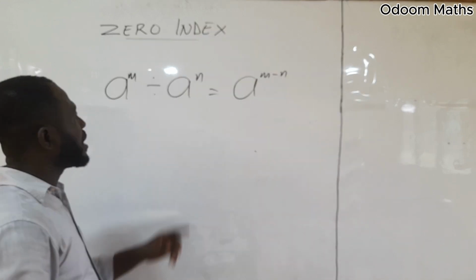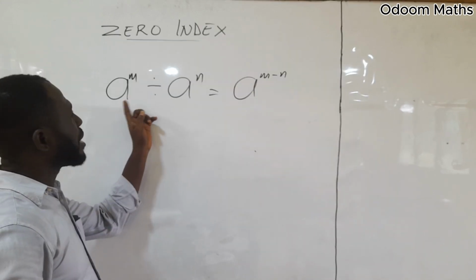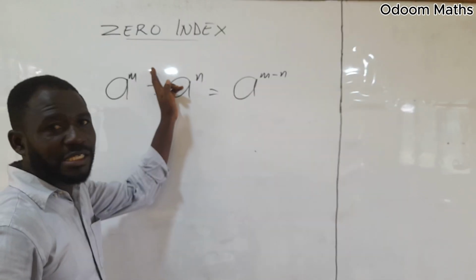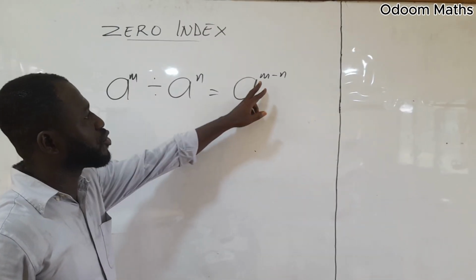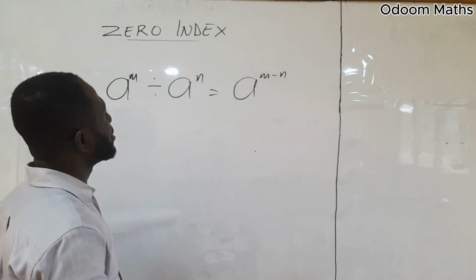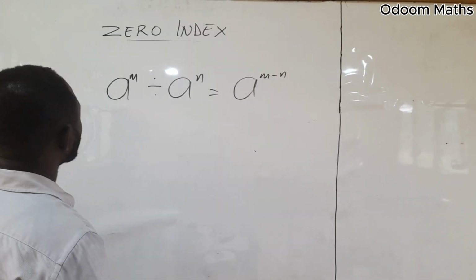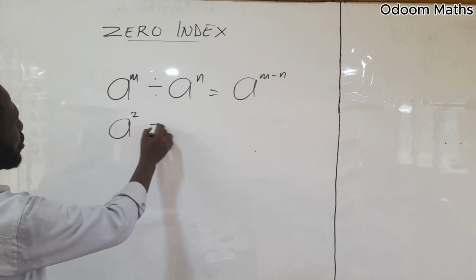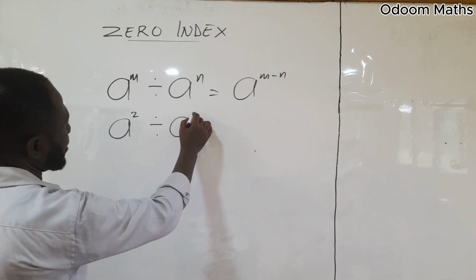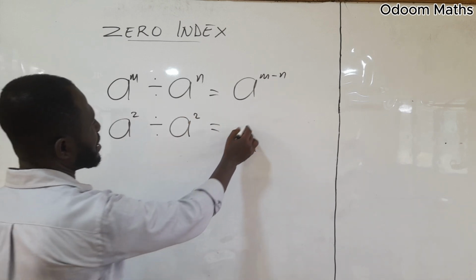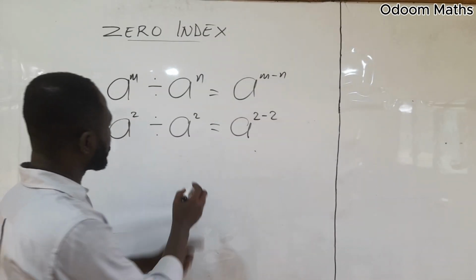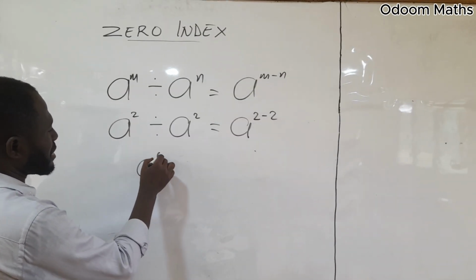That is, when two numbers of the same base with different powers are divided, you just subtract the powers. Let's say we have a to the power 2 divided by a to the power 2. This becomes a to the power 2 minus 2, and subsequently a to the power 0.